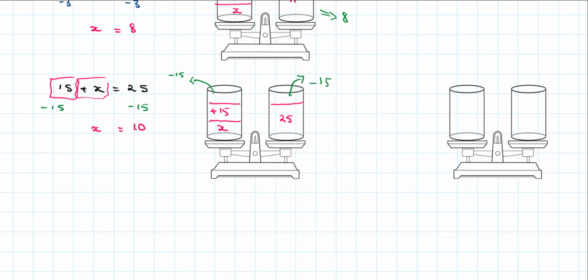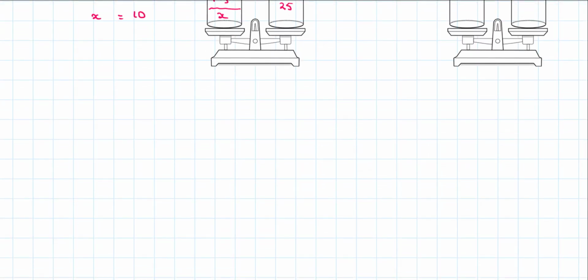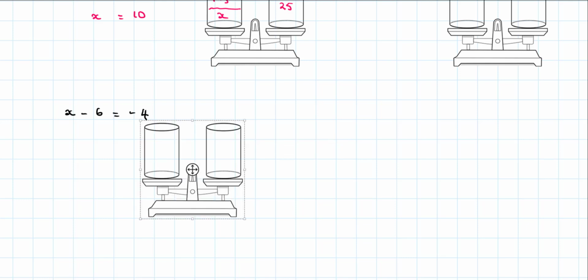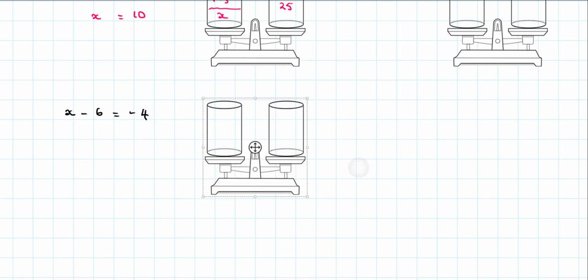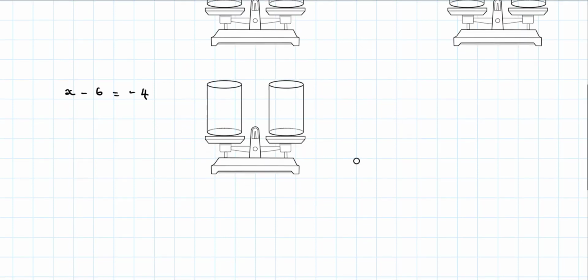Let's do another one of these one-step equations. Let's say I have x minus 6 equals negative 4. Now, negatives sort of make the mental arithmetic harder, but in terms of the actual mathematics of it, it's no different whatsoever. So I'm going to go through that process again. On the left-hand side, I have negative 4.